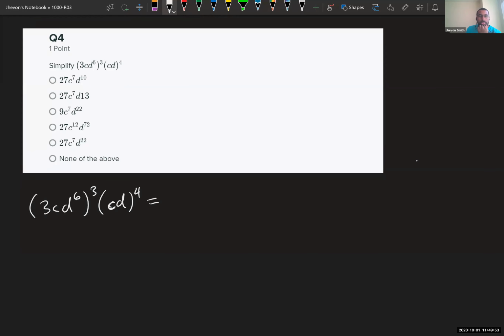So for 3CD to the 6, for the D to the 6, I added 3 to the 6, so 9, so it would have been D to the 9th, and E would have been to the 3rd in there. No?